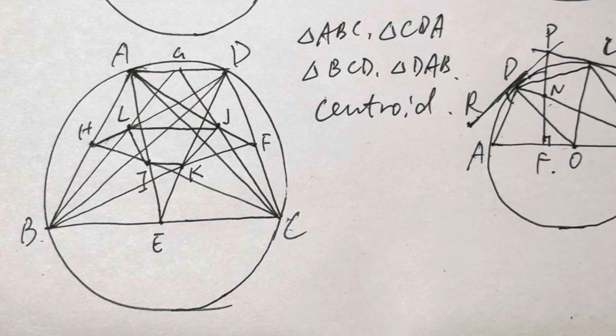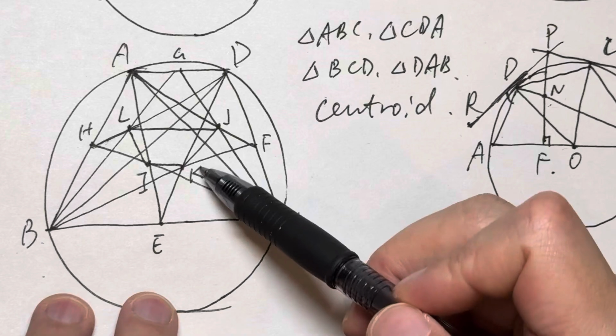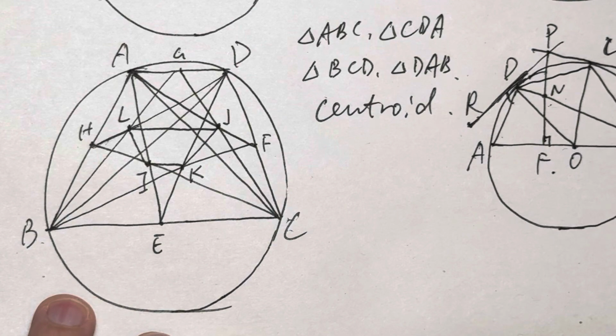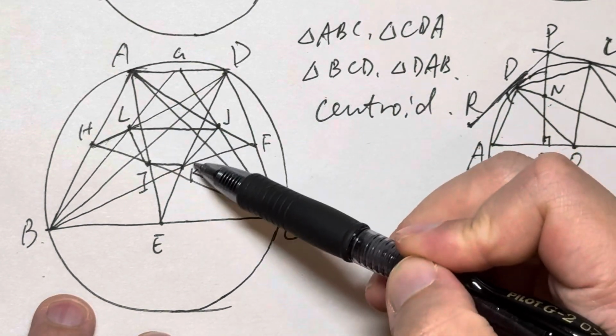If the summation equals 180 degrees, then it's a cyclic quadrilateral. But as you can see in this problem, definitely we cannot go that path because we don't know any information of these angles, right?